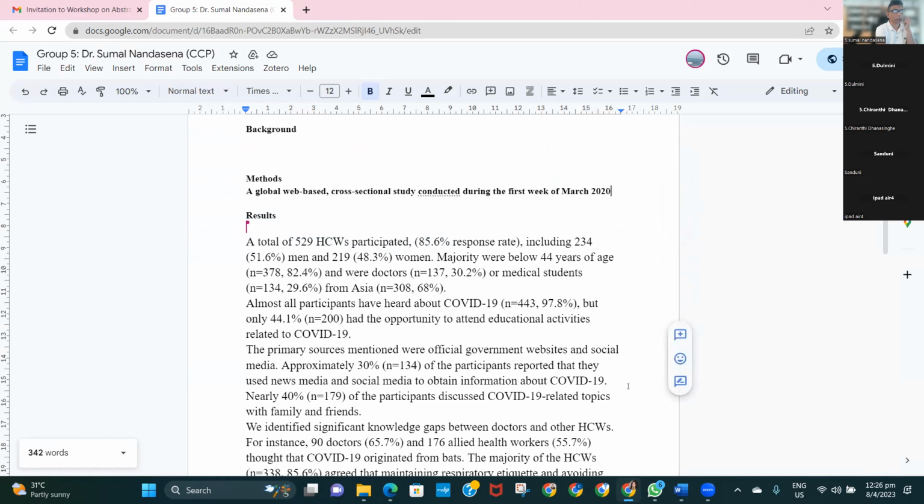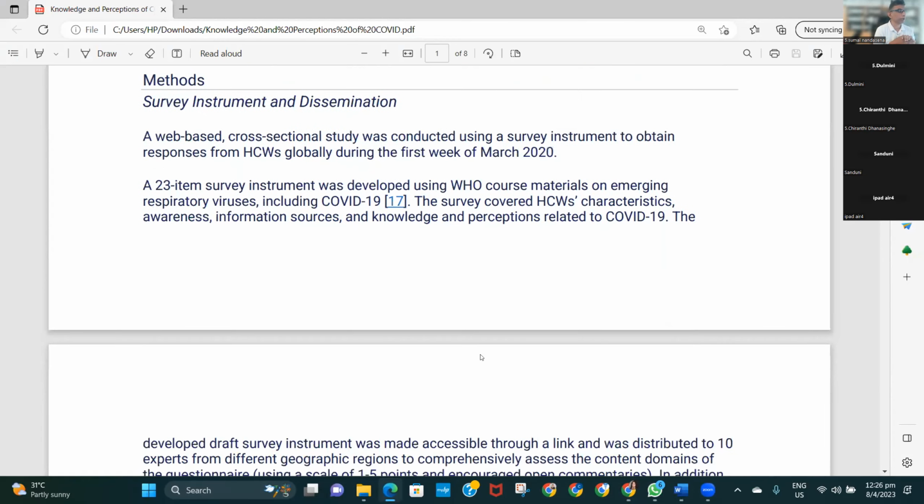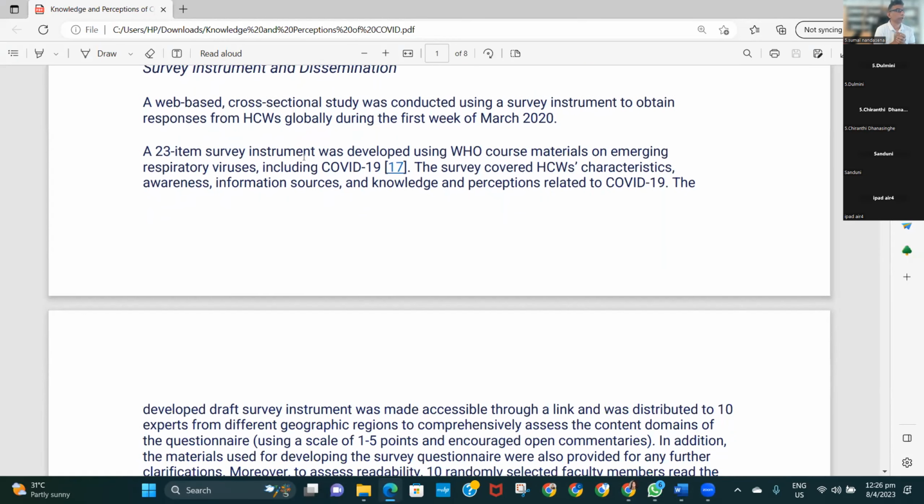Yeah. So what else do we have to get from the methodology now? Now we say a little bit about the study design, the study setting and the time, and we have to say a little bit about the instrument that was used. This 23-item survey.